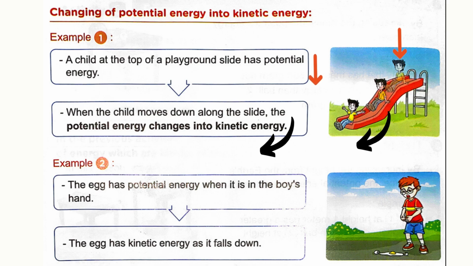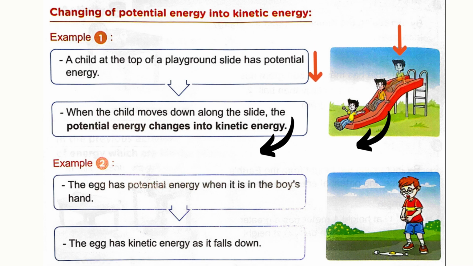Yes, gravitational potential energy. Excellent. And here, when the child moves down along the slide, what happens? Yes, the potential energy stored in this child will change into kinetic energy as he moves down the slide, okay? So we saw that the potential energy changes into kinetic energy.